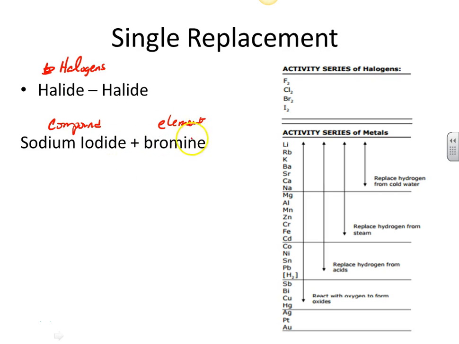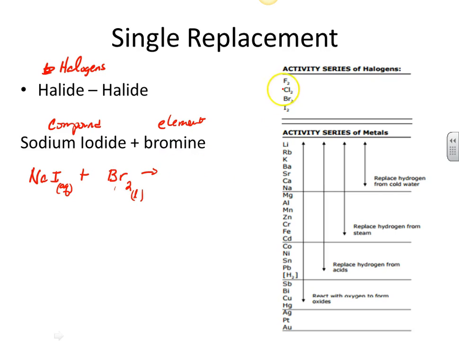That's the telltale sign that we have a single replacement reaction. So NaI plus Br. Bromine, all of the halogens when they're in their pure state are Br2. So here we're going to have the halogen replace the halogen. Okay, this would be aqueous, and this would be maybe liquid bromine.